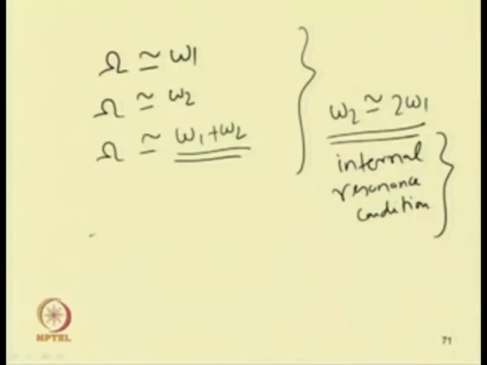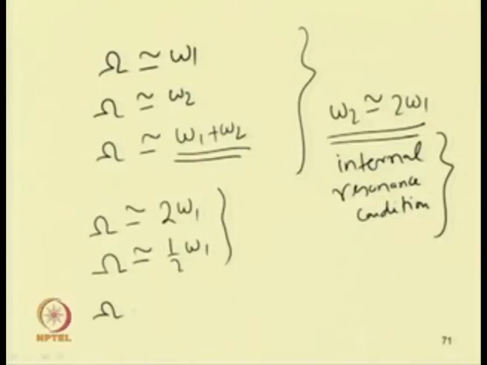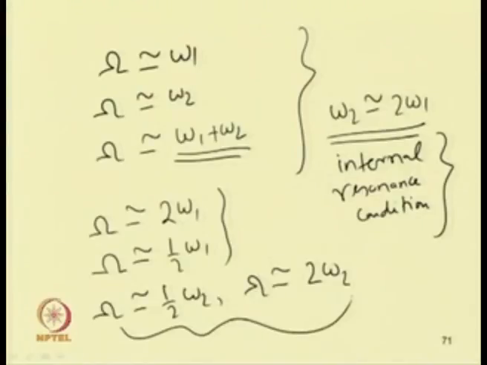Here also one can study the subharmonic and superharmonic resonance conditions, 2 omega 1, 1 by 2 omega 1. Similarly, omega nearly equal to 1 by 2 omega 2, omega nearly equal to twice omega 2. All these resonance conditions one can study for this 2 degree of freedom system.